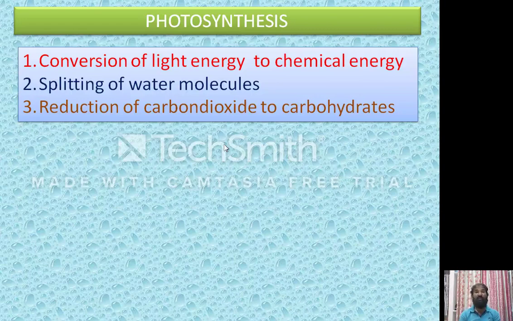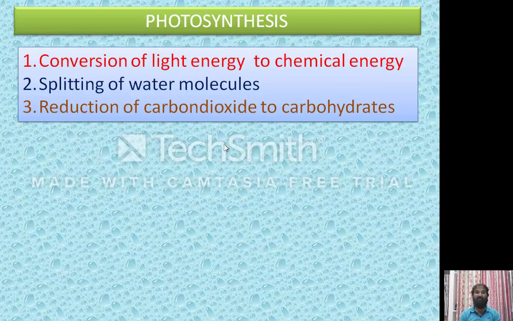These two reactions take place in the presence of light only. Coming to the third, reduction of carbon dioxide into carbohydrate. In chemistry there are two types of reactions: reduction and oxidation. Reduction means addition of hydrogens to the substrate.